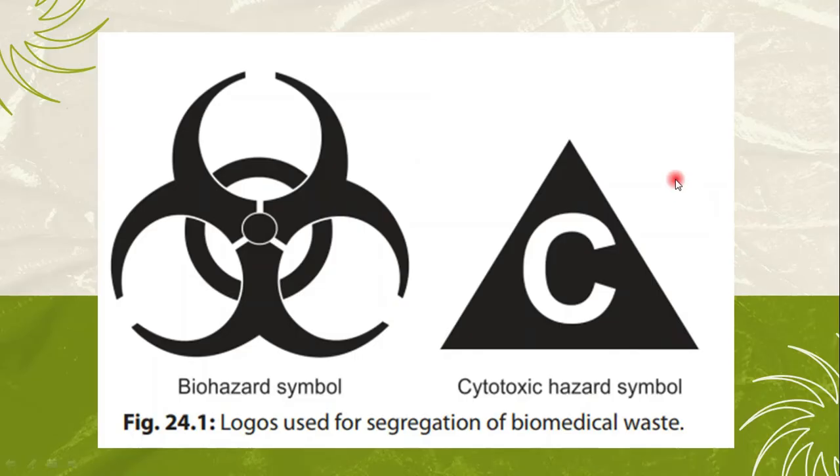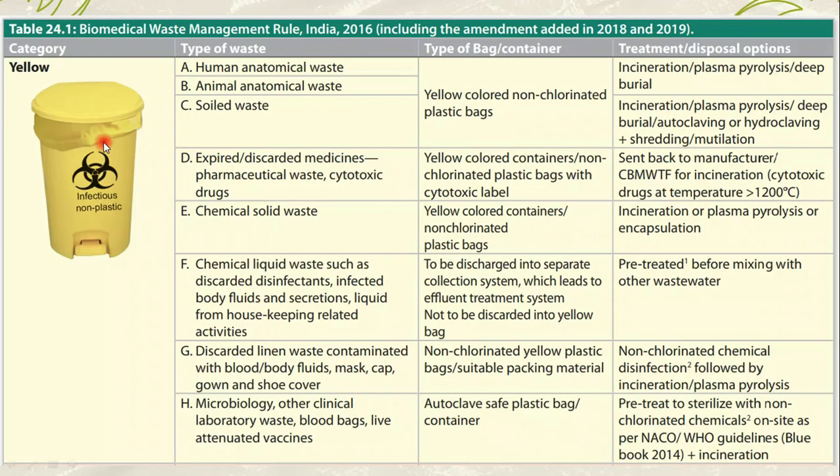We will discard all that pharmaceutical waste in a yellow dustbin which will have this type of logo on it. You can see here that this yellow dustbin has this type of logo, which means we can discard human anatomical waste, animal anatomical waste, soiled waste, but we cannot discard pharmaceutical waste into this.